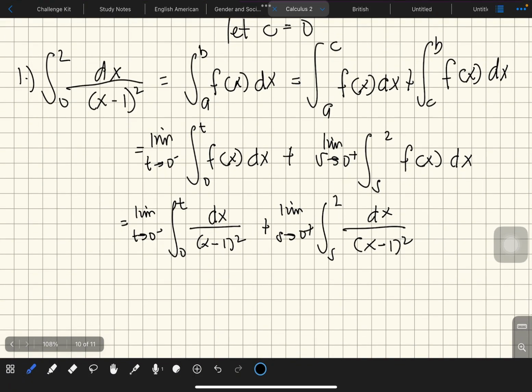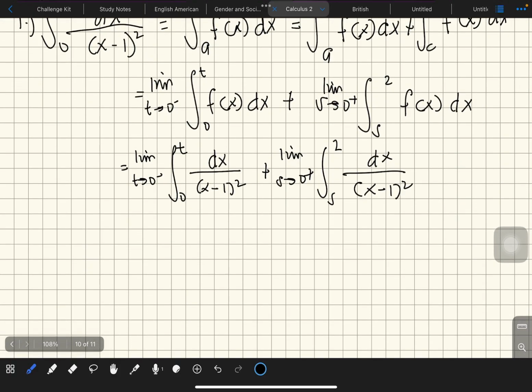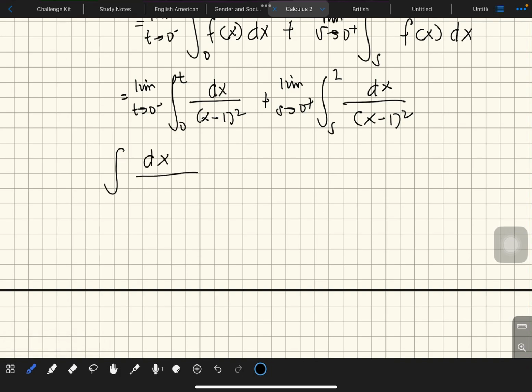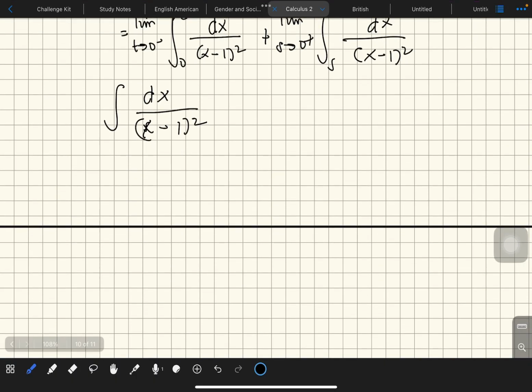Before we apply the limits, we first need to integrate. We need to integrate dx over (x minus 1) squared.